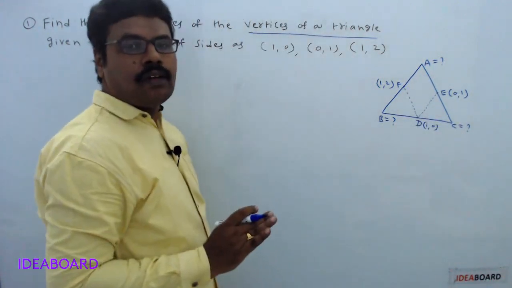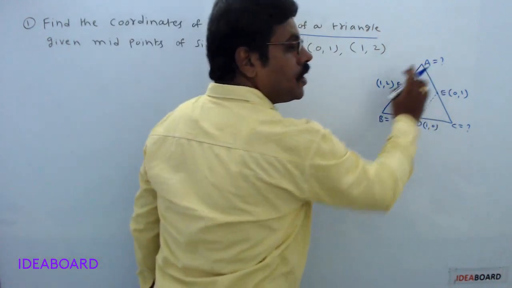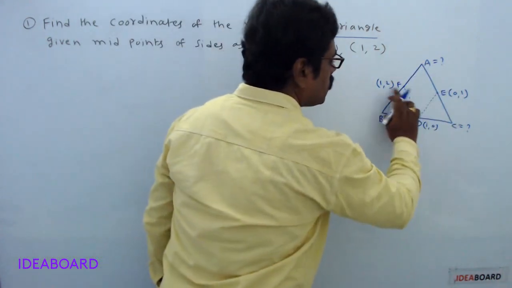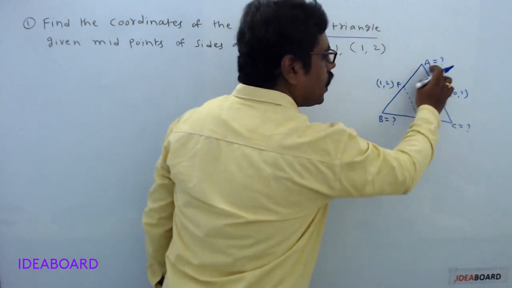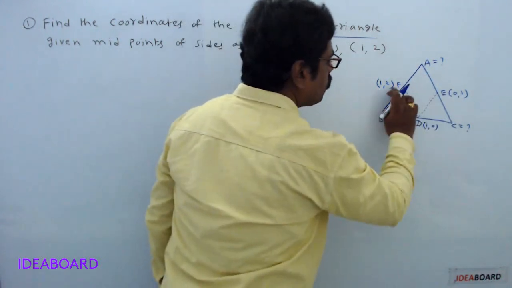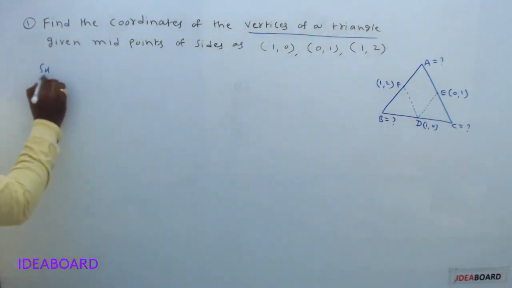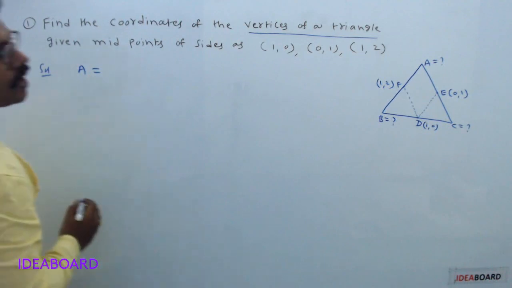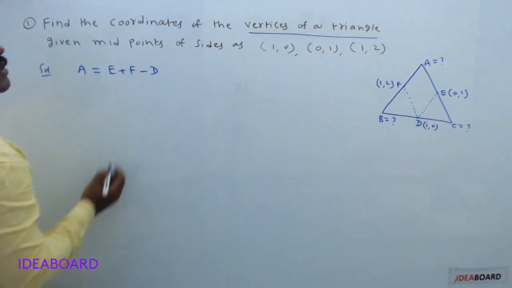From the concept of missing coordinates in a parallelogram, A can be expressed as E plus F minus D. It is a parallelogram, so A can be taken as E plus F minus D.